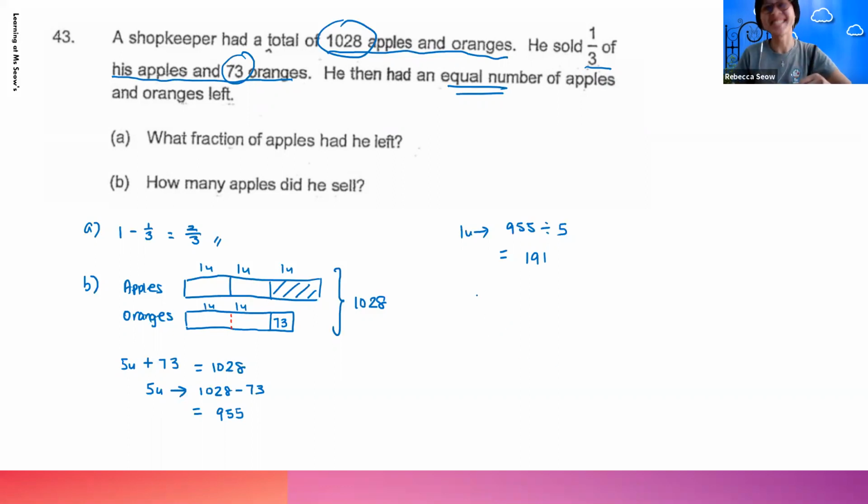So that's the answer. He sold 191 apples. So that's the answer for B. Yeah, do you all manage to get it? Okay, all right, that's great. So this probably is one question to look out for. A is not too difficult, but B is tricky. Okay. Now we'll move on to the next one.